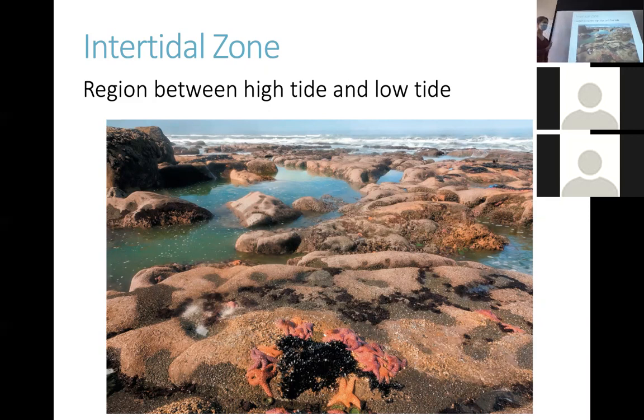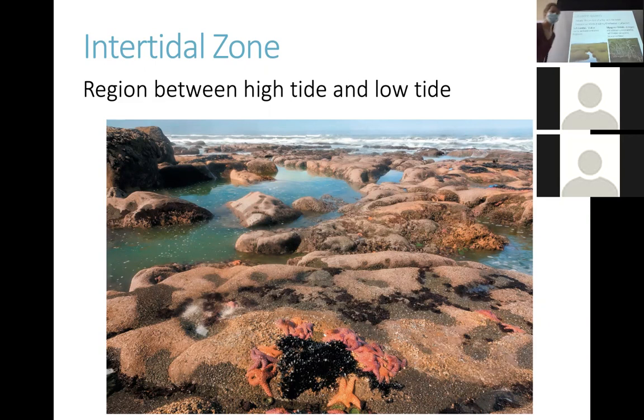So you get a really unique fauna living in the intertidal zone. And you can find some really cool stuff if you hop around in the pools that you can't really see anywhere else. So intertidal zone, the unique marine associated system.